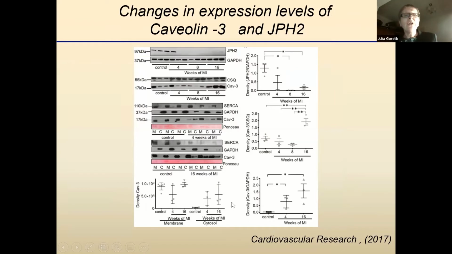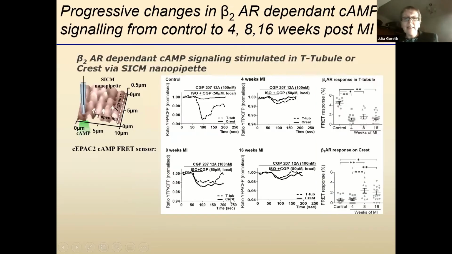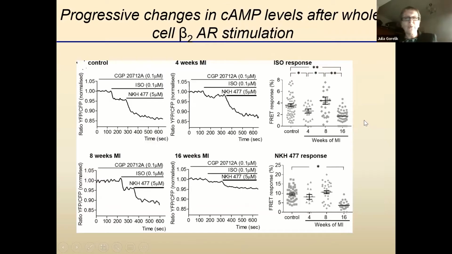The caveolin-3 during myocardial infarction is not functional in the membrane; a majority goes to the cytoplasm. We also have a lot of beta-2 receptor signal in the control, but some changes already from 4 to 16 weeks.